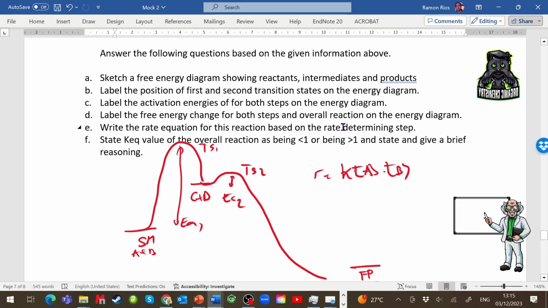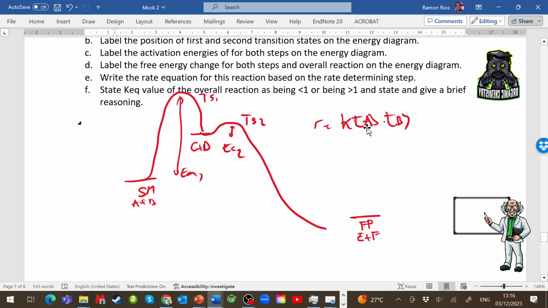And then state whether the equilibrium constant K of the overall reaction is lower than 1 or higher than 1, and give a brief reasoning. Okay, we know that the final products of the overall reaction have less energy than the starting materials. That means the final product will be more stable.